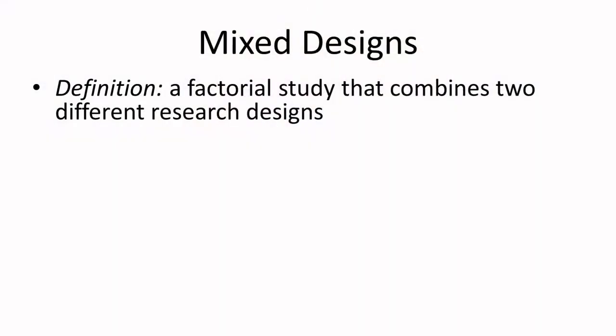Because this actually is a good thing. It allows the researcher to study complicated interactions between these very different kinds of factors that might be in the study. What we call that is a mixed design. It combines 2 different research designs.